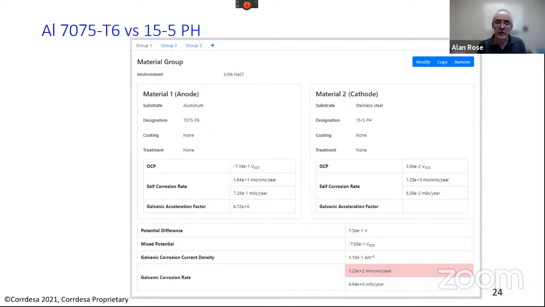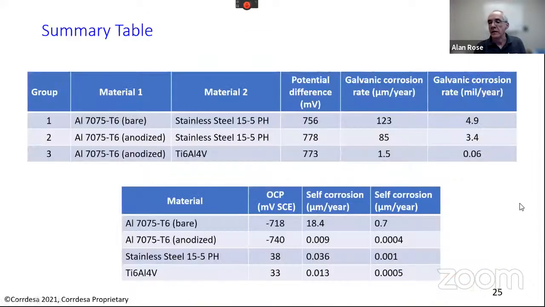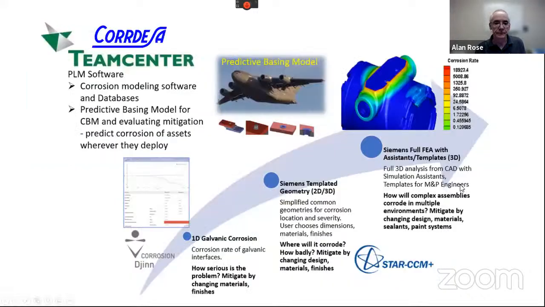But in fact, it is, because if you look at the polarization behavior, because of the resistive layer on titanium, it just doesn't corrode when adjacent to the aluminum. So we compared a bare aluminum alloy, anodized aluminum alloy with different fasteners. And you saw how quickly we could do that and then come to a conclusion, oh, this combination might be better. Using the old military standard, you wouldn't get that solution and you'd miss out.